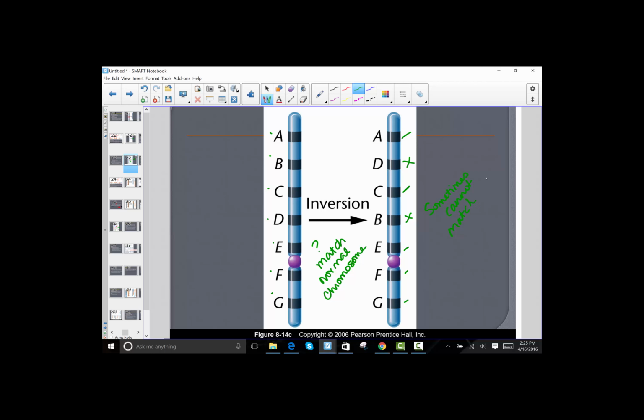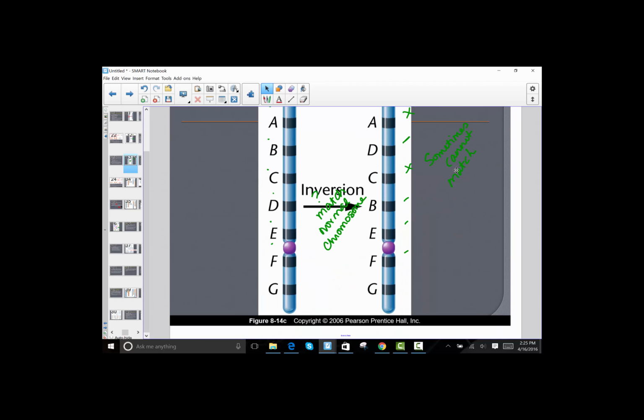If it cannot match, then sometimes you will not be able to actually form viable gametes from this particular individual. So this is an inversion of B, C, and D.